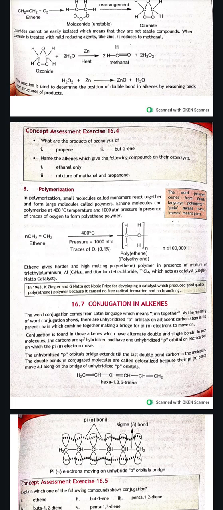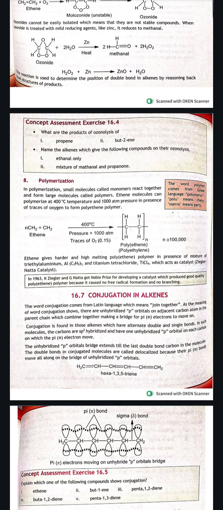When ozonide is treated with a mild reducing agent like zinc, it reduces. So they are unstable, and they reduce with some reducing agent. So when the ozonide gets reduced, it will be in the form of methanal and hydrogen peroxide.